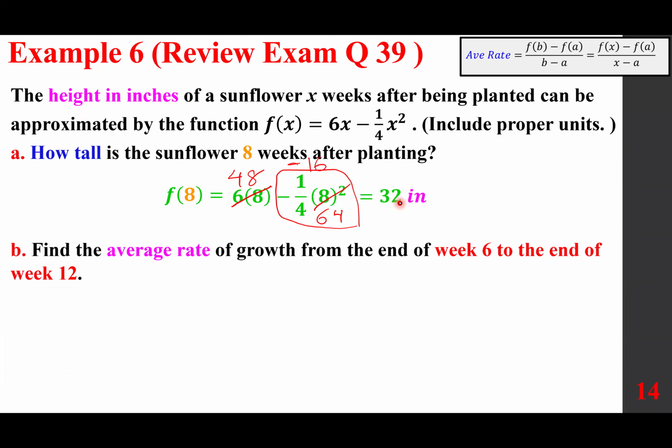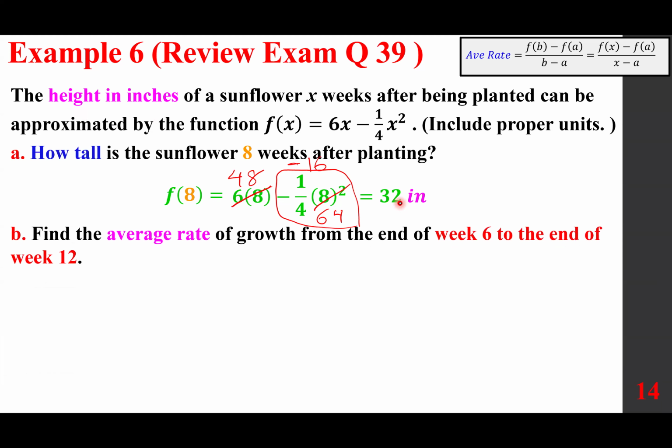Part B, find the average rate of growth from the end of week 6 to the end of week 12. Now, as it's been mentioned before, even if they don't say average, what is the rate of growth from week 6 to end of week 12? 2 points in time given. That's rise over run.